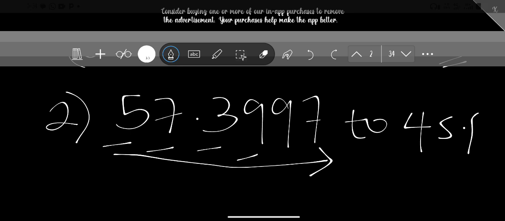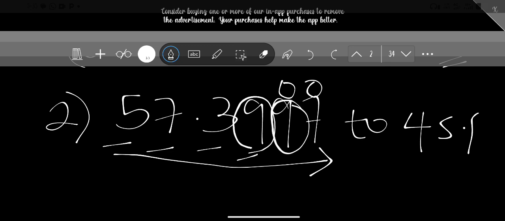As for the rest, that is 9 and 7, they turn to 0. Can you see? And you know that whenever we are doing this, we consider the digit next to the one where we stop. We stop at this 9, then we consider the next digit, which is also 9.